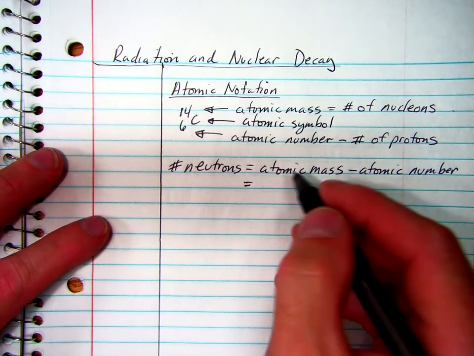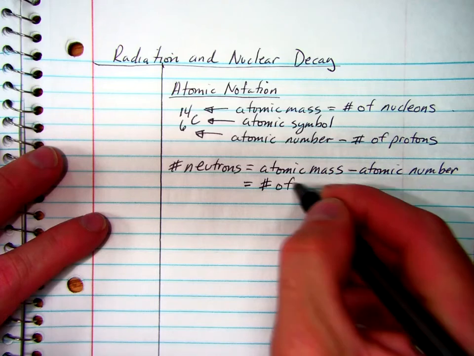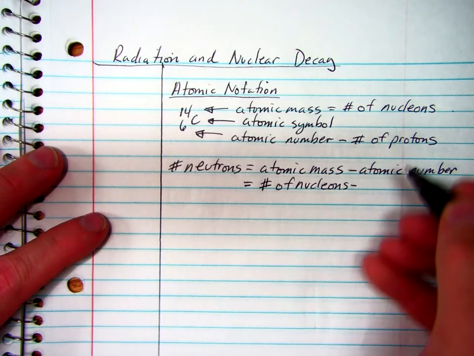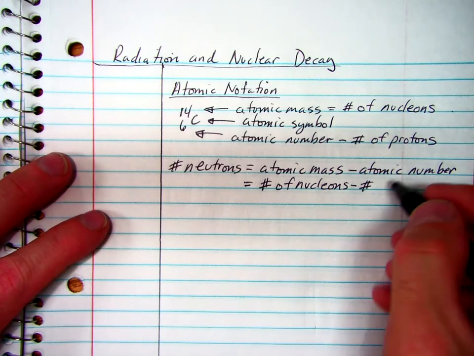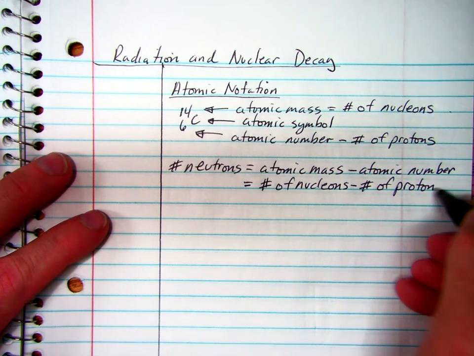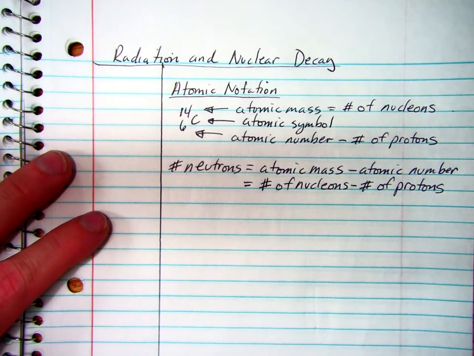In other words, you take the number of nucleons and you subtract from the number of nucleons the nucleons that are protons, and you're left with the nucleons that are neutrons.